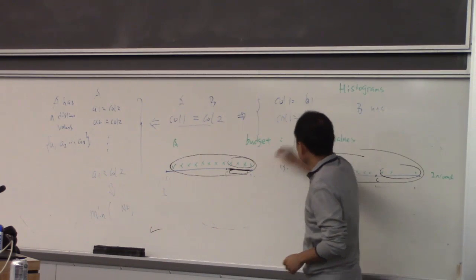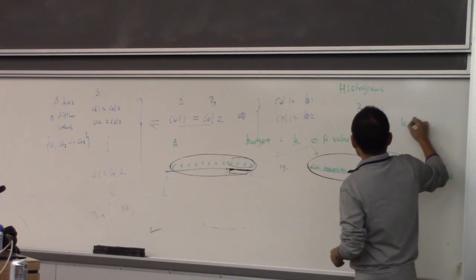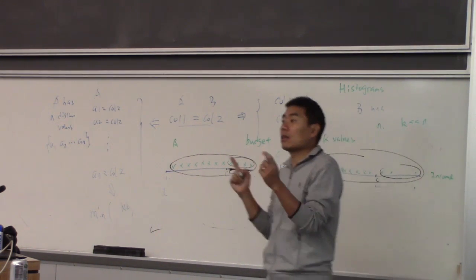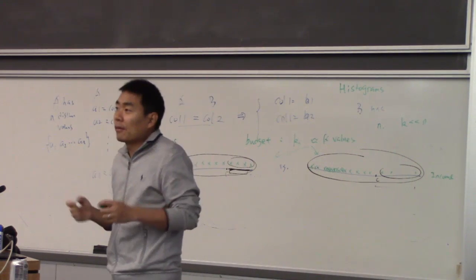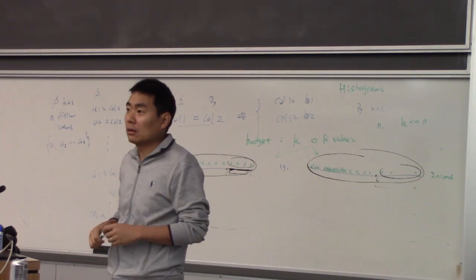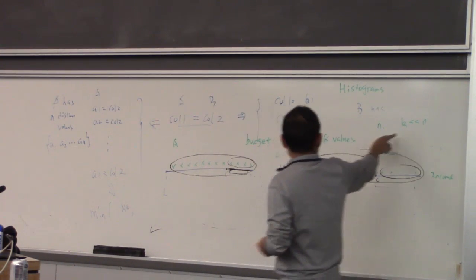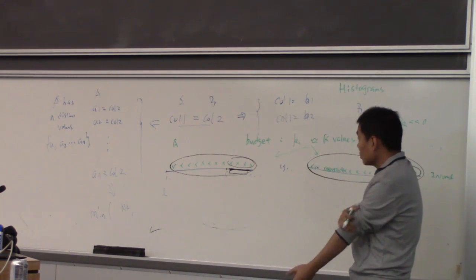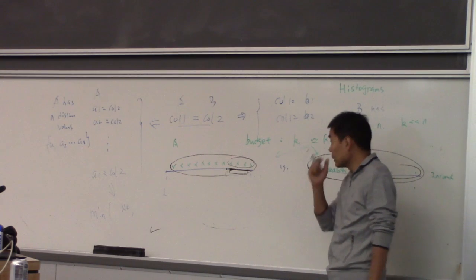Let's say you have n distinct values, and typically the requirement is K is much less than n. Otherwise, there's no point. You simply remember all the values. So I want to use some value K much less than n to summarize the distribution of these values.